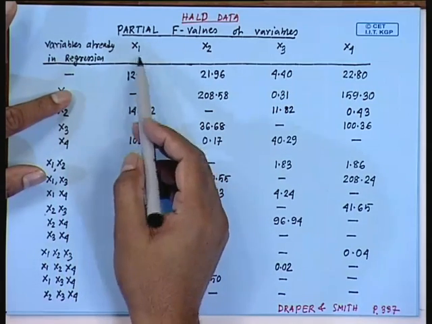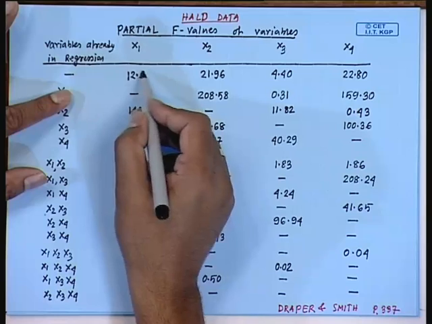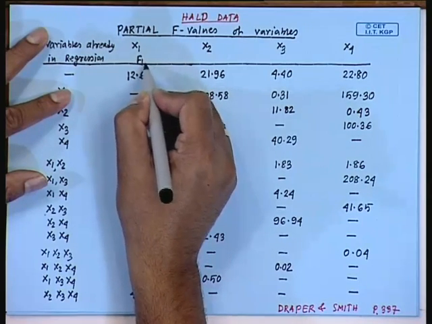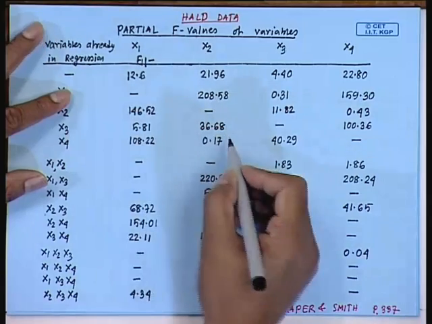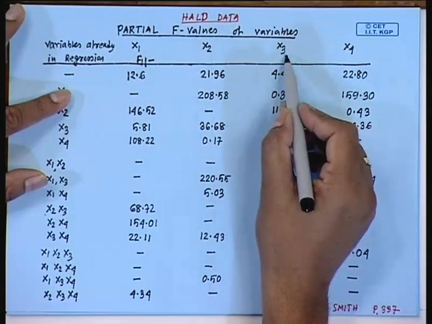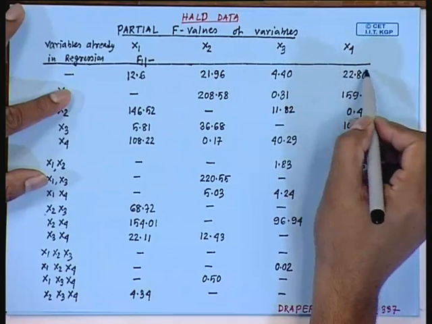So, x1 is the only regressor in the model. This is what we denote F1 in the presence of nothing, and this one is F2 in the presence of nothing, F3 in the presence of nothing, F4 in the presence of nothing.